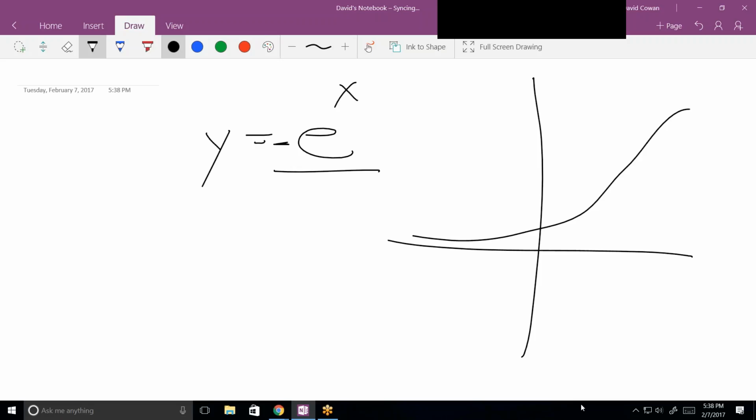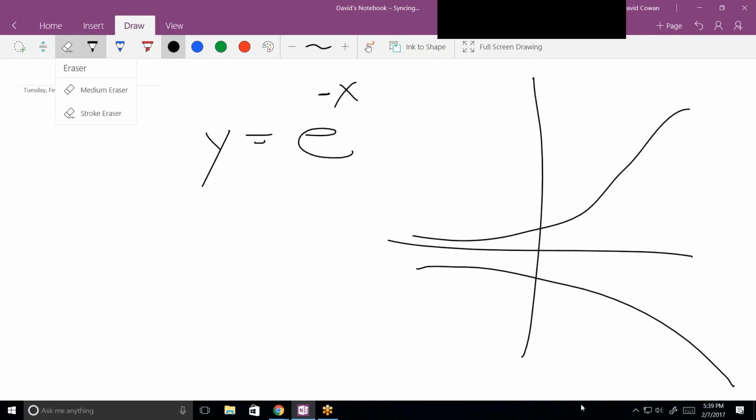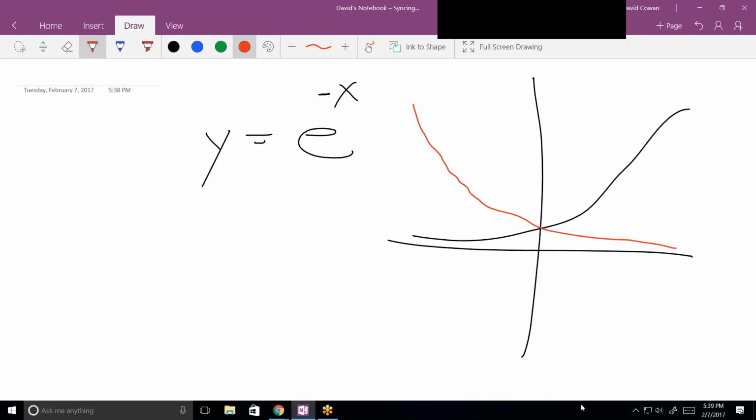So if I wanted to graph that, it would just be this. But if I put it inside the function, in front of the x, now instead of reflecting over the x-axis, it reflects over the y-axis and looks like that. The red is a horizontal reflection of the black.